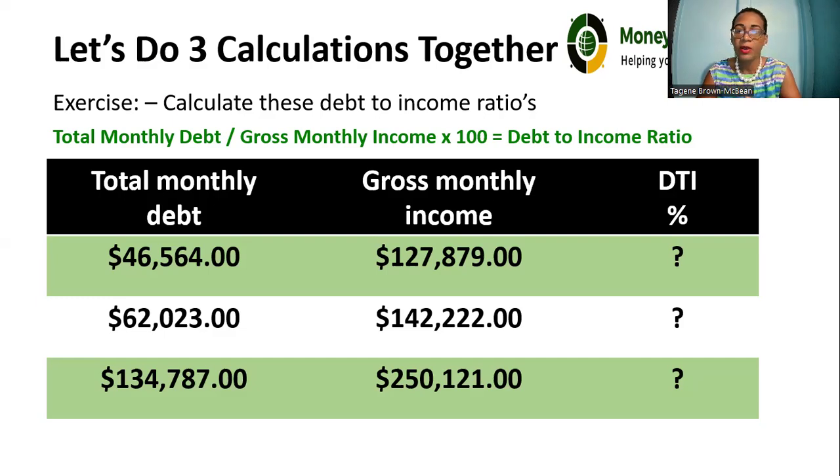And then we're going to times 100 to get the percentage. When you get the percentage, we will look at where this person falls. Do they fall in the excellent category, the average category, or the bad category?